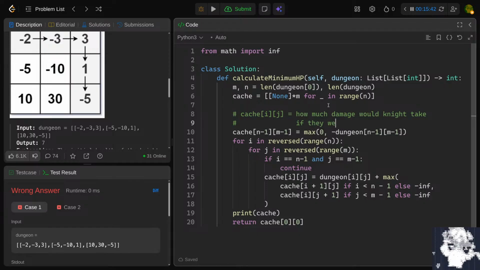If they went this way. Okay, how much damage would you take if you went here? It would be 5. If this were a 5 instead of a negative 5, it would be 0. You would take 0 damage. How much damage would you take if you went here?